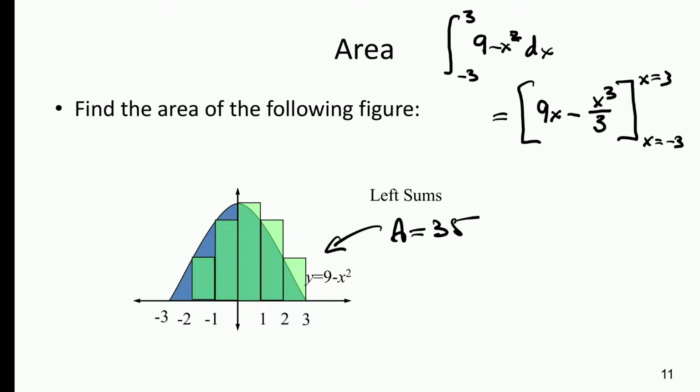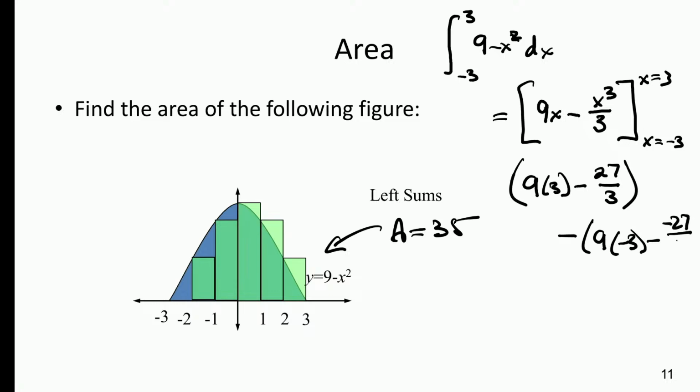I'll do what Landon suggests. I'm going to plug in the upper limit. I get 9 times 3 minus 3 cubed over 3. So that's the upper limit. Sorry, the lower limit is going to go on a separate line: minus 9 times negative 3 minus negative 27 over 3. Okay, I think I got this. There's going to be a bunch of double negatives I'm going to have to be very careful with, so you watch me. Make sure I don't mess up.